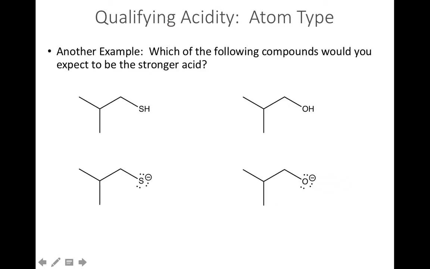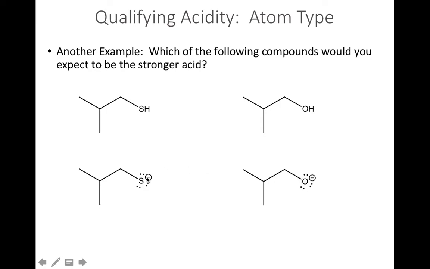All right, one more example. If I wanted to predict whether this compound or this compound was the stronger acid, I need to look at the conjugate bases. These compounds are very similar. In this case, the negative charge and lone pair end up on a sulfur. In this case, the negative charge and lone pair end up on an oxygen.